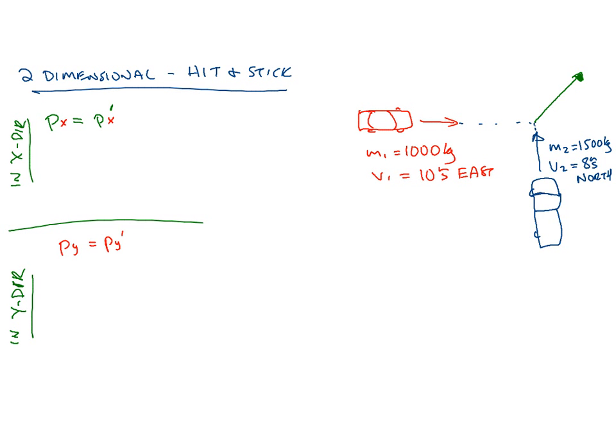But it is a hit and stick, so I'm going to go ahead and write down the hit and stick formula. V prime equals m1 v1 plus m2 v2 over m1 plus m2. When two things hit and stick, we get to use that equation. The only thing is I've got to do it twice.